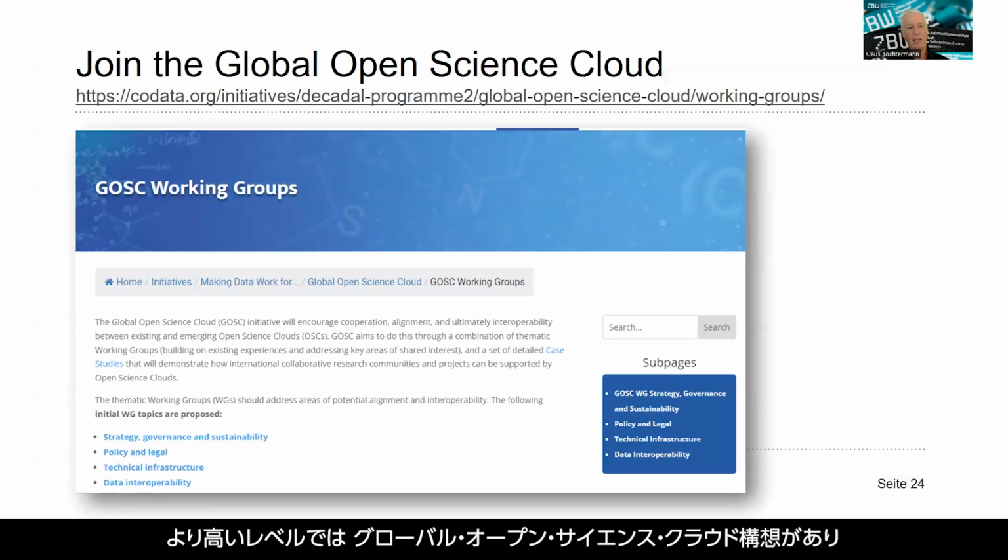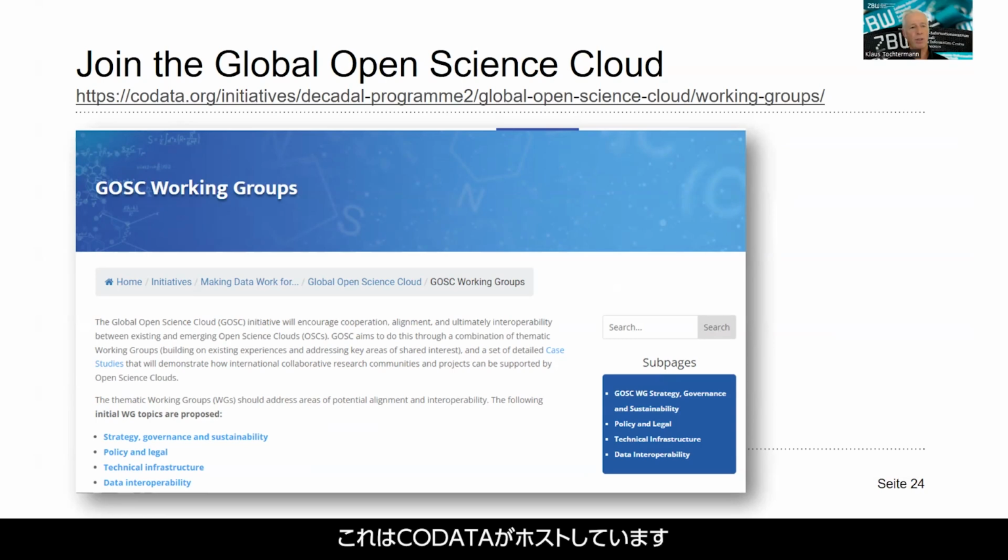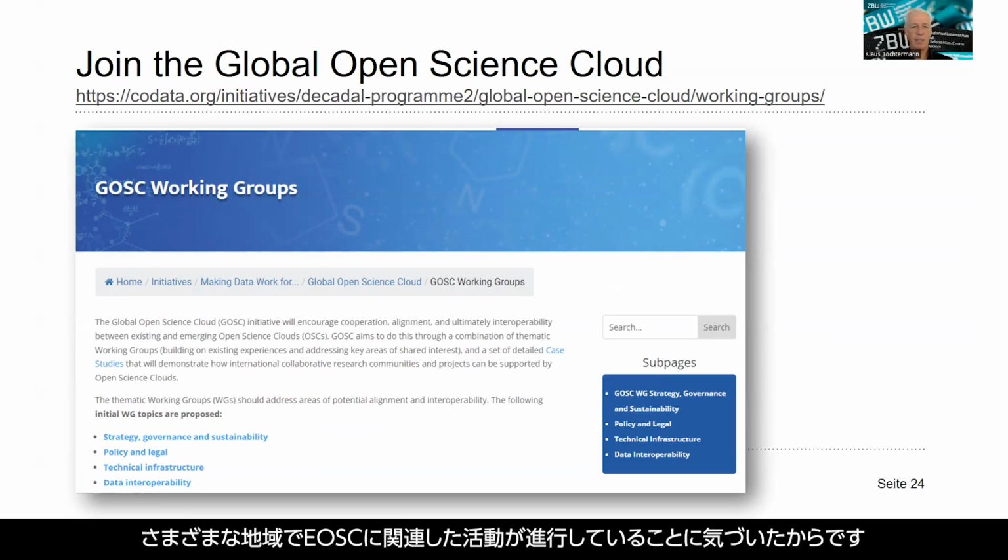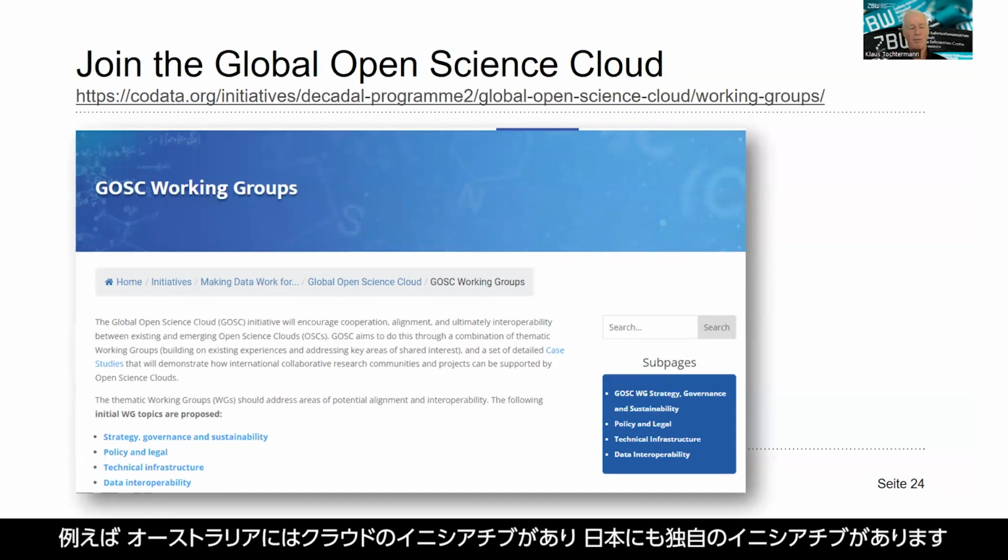At a higher level, there is the Global Open Science Cloud initiative, which is hosted by CODATA. This initiative was started by CODATA because they realized that we have different activities related to the EOSC in the world regions. For example, we have a cloud initiative in Australia. We have an initiative in Japan.